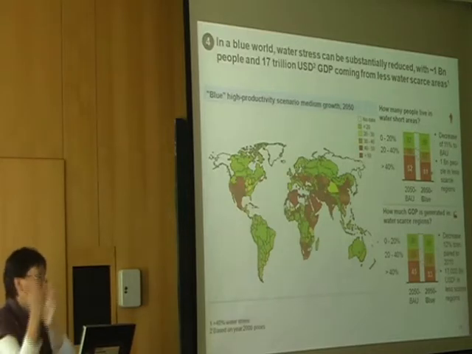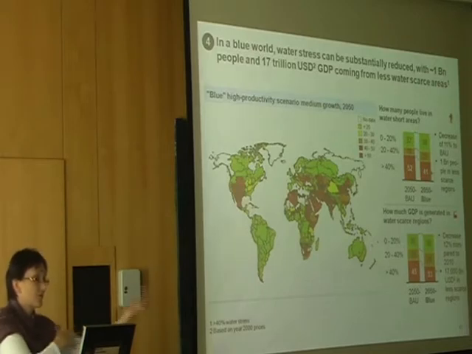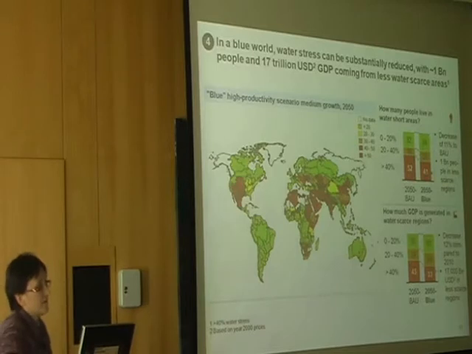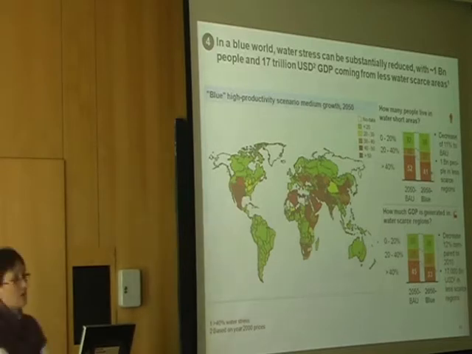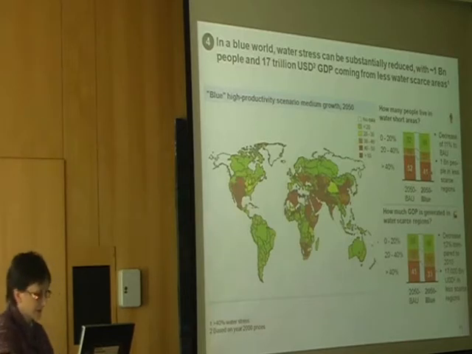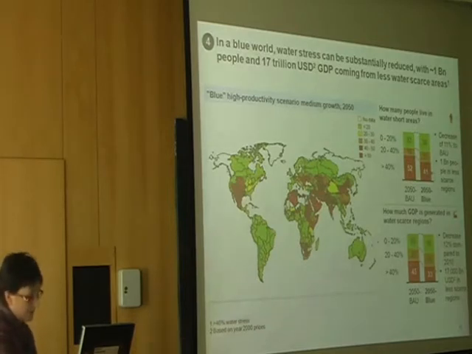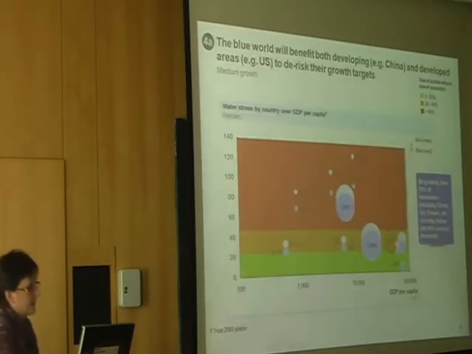On the other hand, if you move from business as usual, in the gray world, to the blue world, we can actually move 1 billion people and 17 trillion GDP out of that water scarcity threshold, about 40%. So it appears that changes in water productivity can make a significant impact.